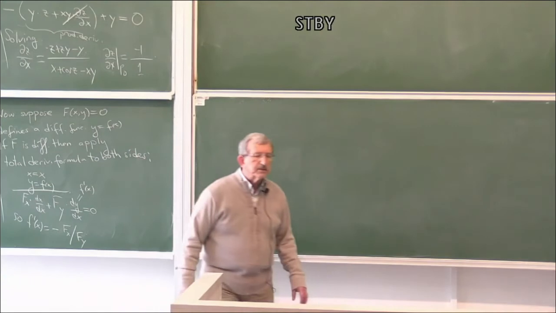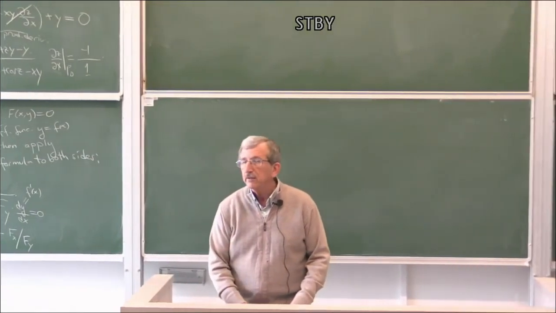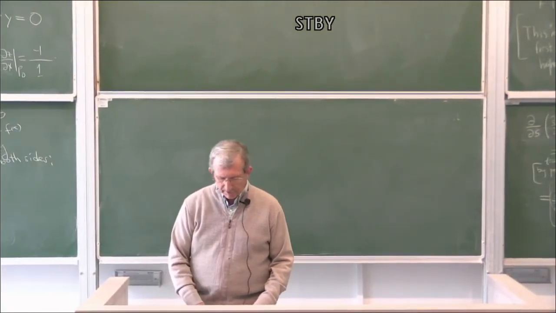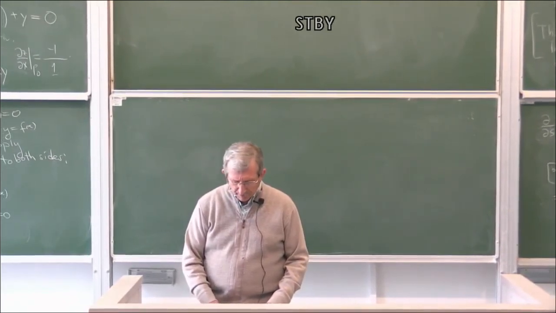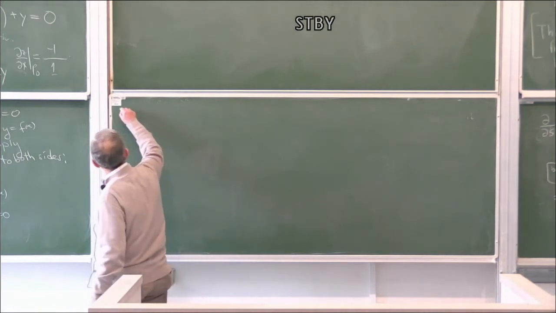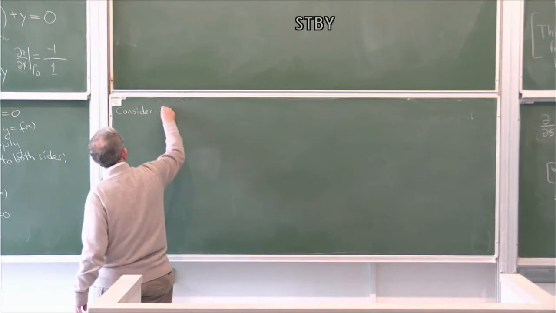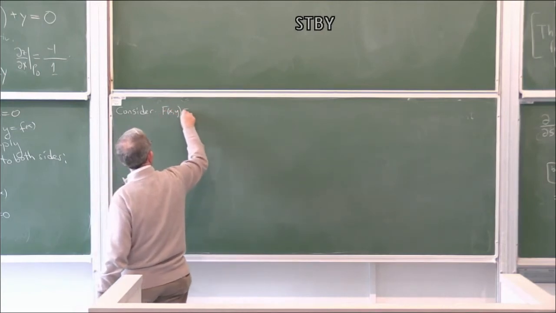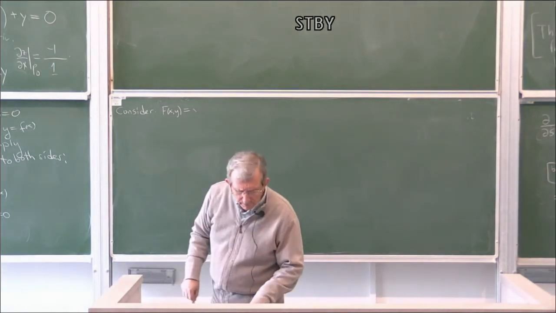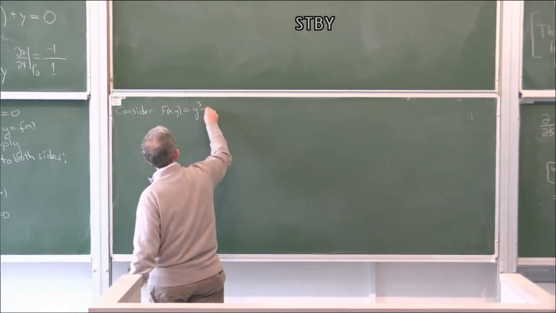Well, this is an important hypothesis in the implicit function theorem. As I said, we will not go into that, but for example, as a simple one, let us understand what that means. Consider f x y as x, let me get it correctly, so y cubed minus x.